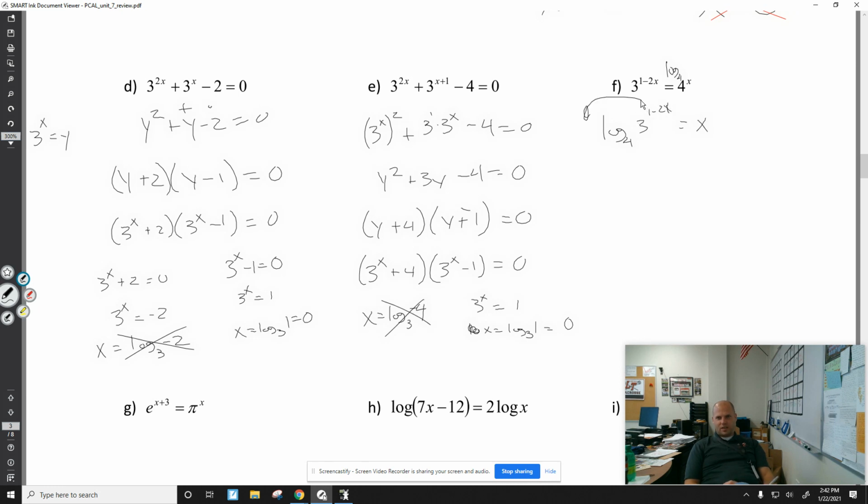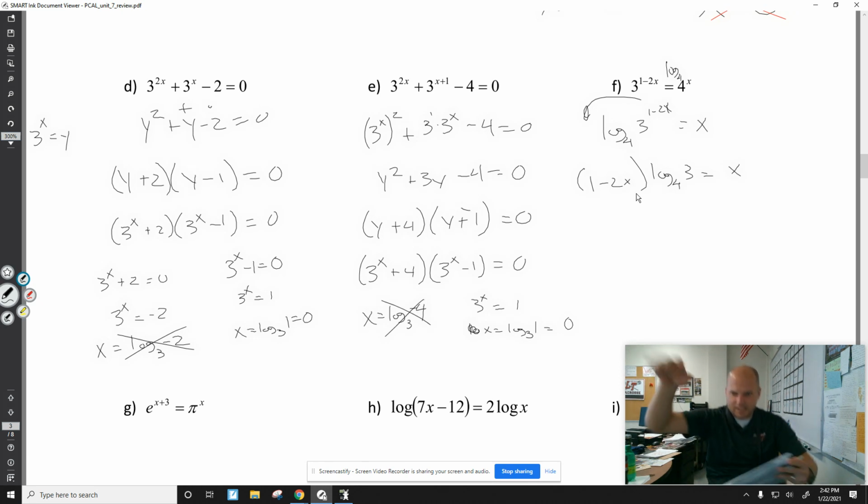Now, the reason why I do this, and this is especially helpful if you're intimidated by this log base 4 of 3, is that you can turn this into a decimal. Okay? Write it as a decimal. And then treat it as a number. A lot of times you don't think of log base 4 of 3 as being a number, but it's a number.